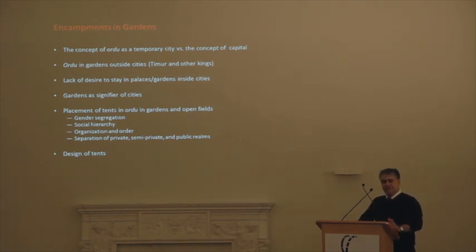It's very interesting. For example, when I was reading Bayhaqi or some other texts, I realized that in many cases the historian is referring to gardens as signifiers of cities. What does it mean? It means that, for example, if the king was moving from one city to the other, he doesn't refer to the city.